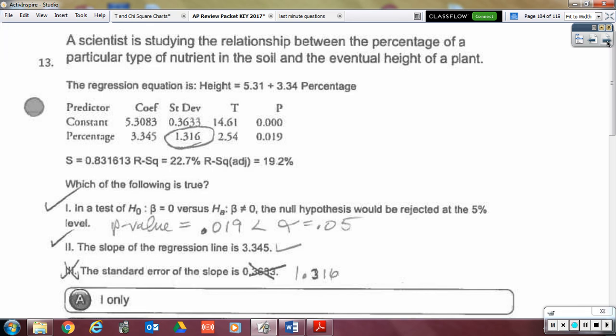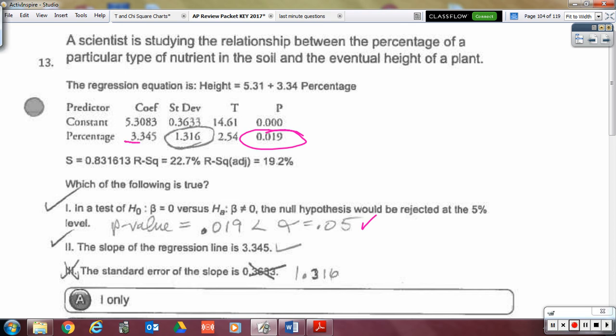Okay, this one, all of these answers also are just found straight up from the computer printout. It says that the null hypothesis would be rejected at the 5% level. Well, what tells me if I'm rejecting or not? P-value. So I go look at this p-value right there. And yes, 0.019 is less than 0.05, so I do reject at the 0.05 level. Okay, the second one, the slope is 3.345.